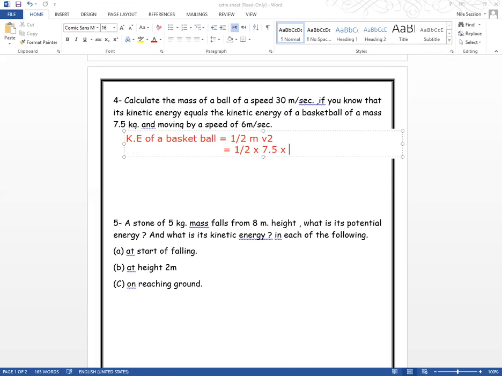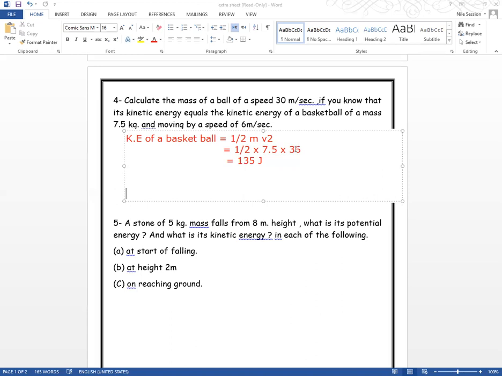So 6 to the power 2 equals 36. So the kinetic energy of the basketball equals half mv square, which equals 135 joule.